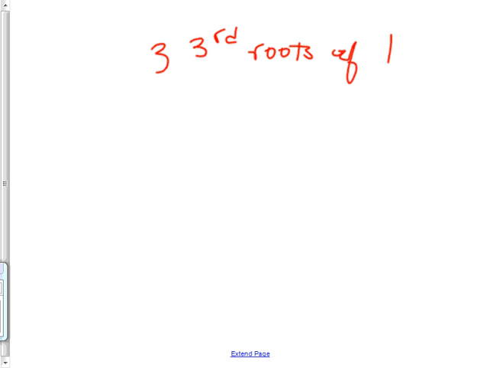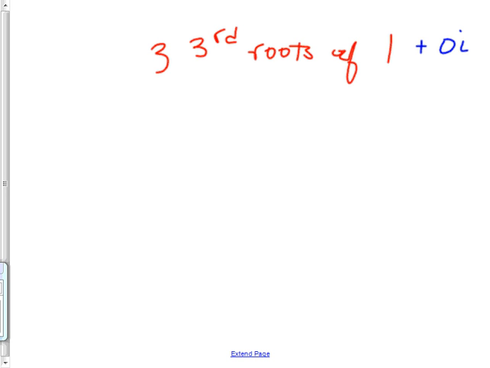Just a reminder, that also means 1 plus 0i, which you can then put into cis form. And once you've got it in cis form, you're finding the third root of it. Don't forget to do the plus 2 pi n thing. All right, that's just a reminder. You're supposed to remember how to do this.